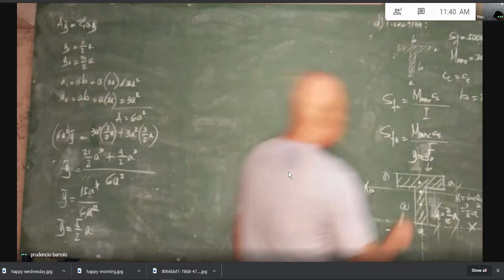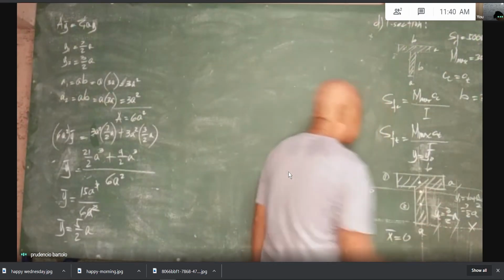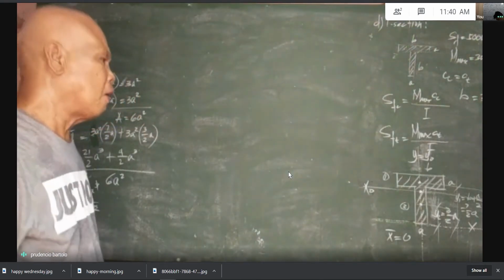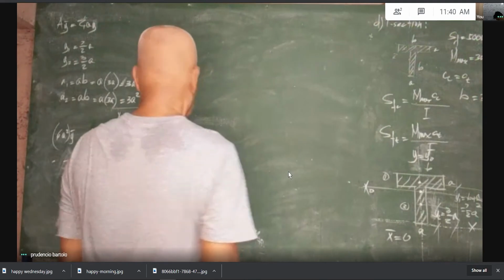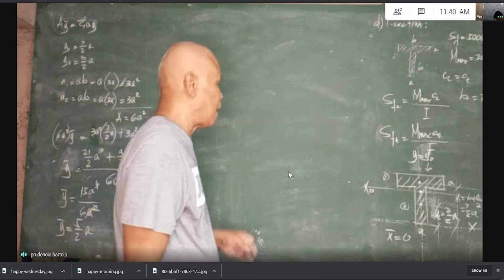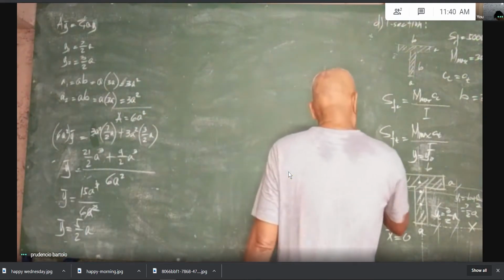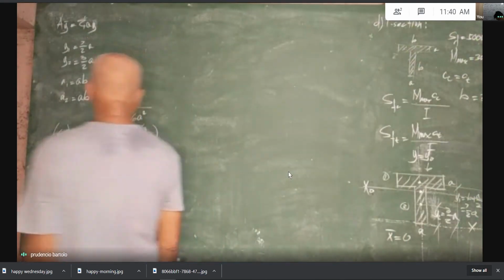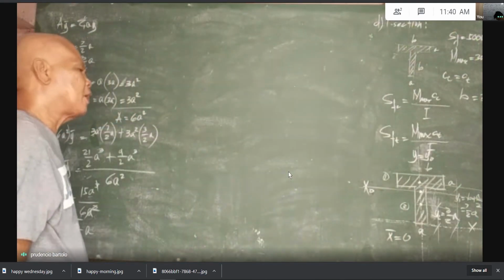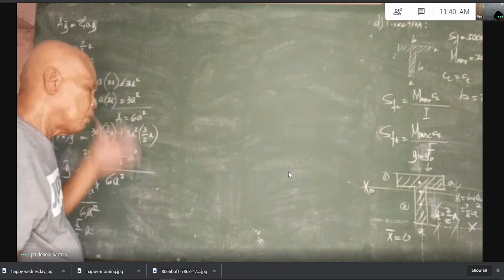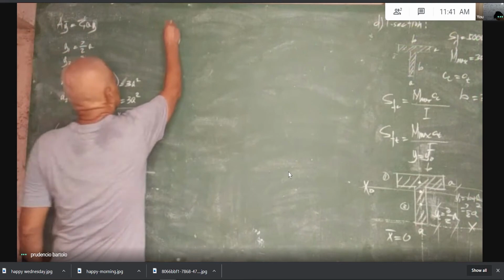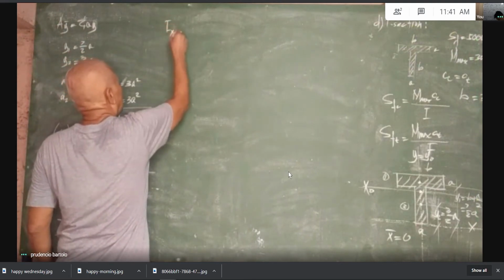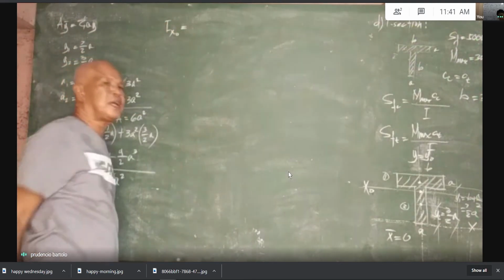So this is now our centroid, the centroid of the composite figure. So having now the location of the centroid of the composite figure, we can now take the centroidal moment of inertia.